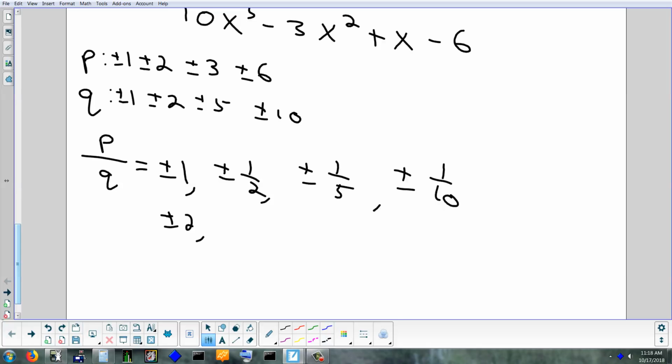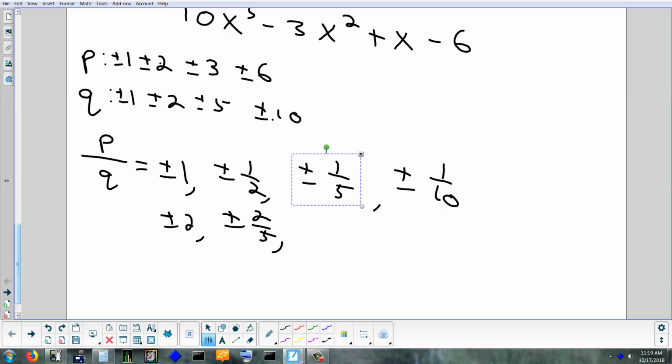Yeah, it would be plus or minus 2 over 2. We already have that one. That's 1. So we don't need to do 2 over 2. How about plus or minus 2 over 5? Do we have that one? No. And how about plus or minus 2 over 10? We already have that. That's 1/5. So we don't have to write that one. Okay, so this is what usually happens.